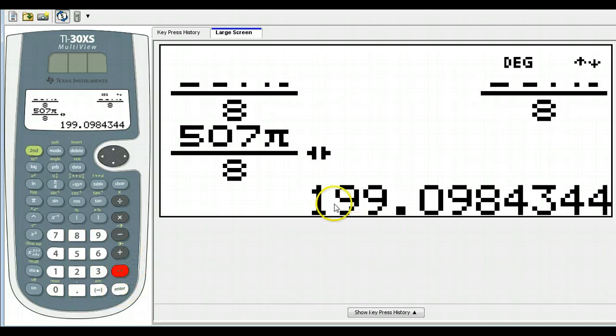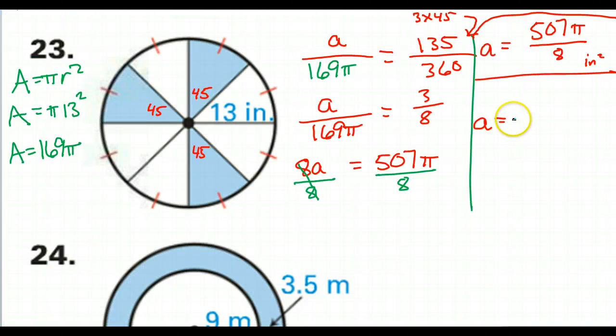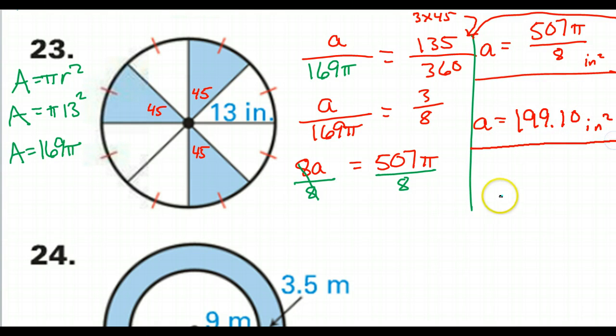So that's going to give us 199 point, I'll have to round this up, so 0.10 inches squared. Okay, so this would be the decimal answer.